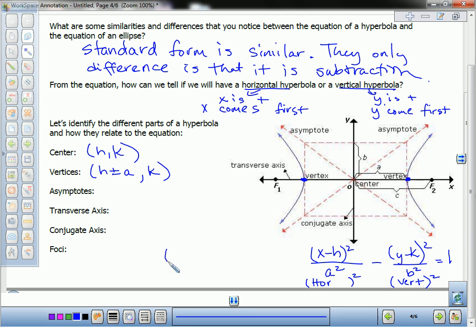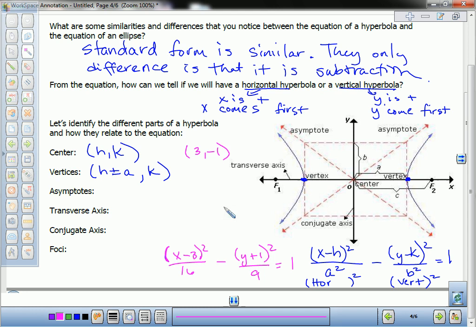So for example, if it were (x minus 3) squared over 16 minus (y plus 1) squared over 9 equals 1, the center would be what point? (3, -1).